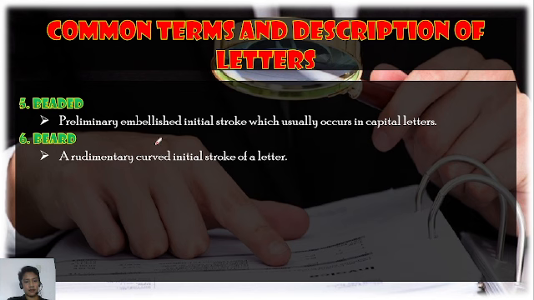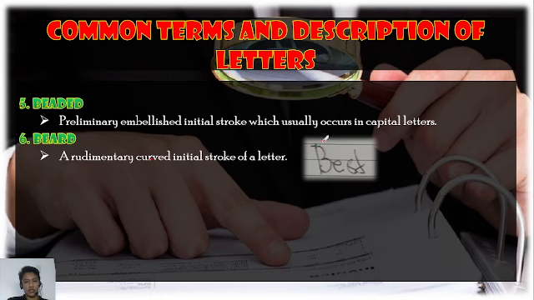Bakit po tinawag na beard? Because it is a rudimentary curve initial stroke of a letter, hugis beard po siya. Magkaiba po siya sa hook, kasi kapag hook ay hugis hook talaga, parang sa fishing rod ang itsura. Pag sinabi po nating beard naman, ganito po ang itsura. It's just a rudimentary initial stroke.